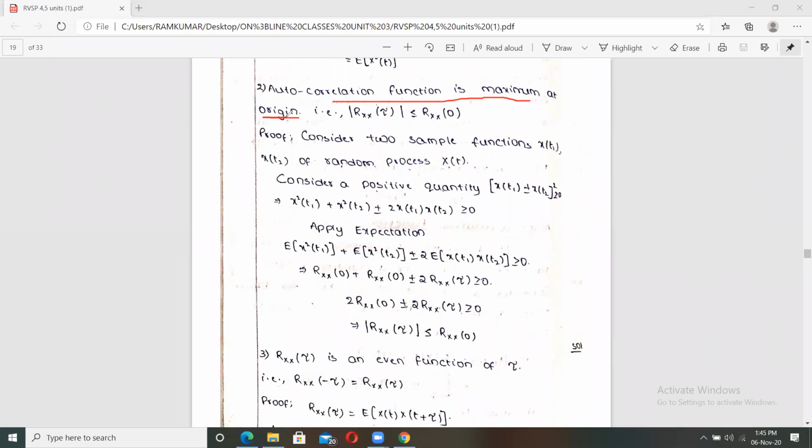That means at 0, the autocorrelation function has a maximum value, that is, modulus of R of tau is less than or equal to R suffix double x of 0. That means at 0, the autocorrelation function value is maximum.